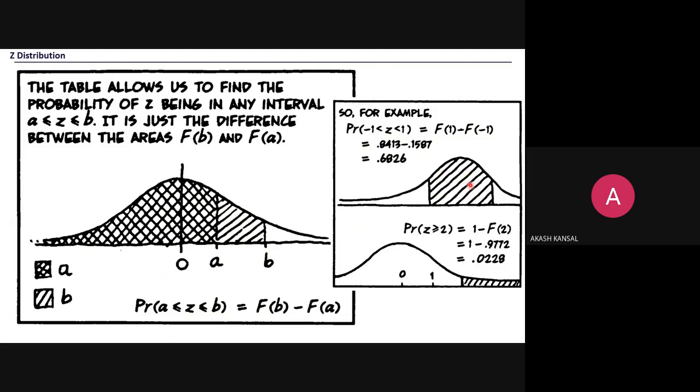So which means that the probability of getting a z value between minus 1 and 1 is 0.68 or 68%. Also, if you calculate the probability of getting a z value greater than or equal to 2, it would come out to be 0.02. So you have 2% chances that the z value for a particular distribution is going to be greater than 2.